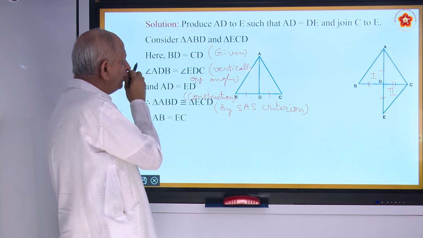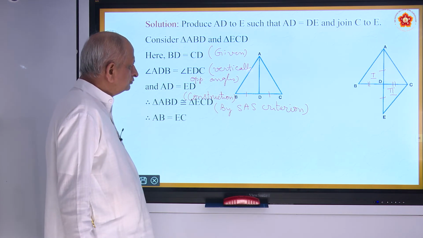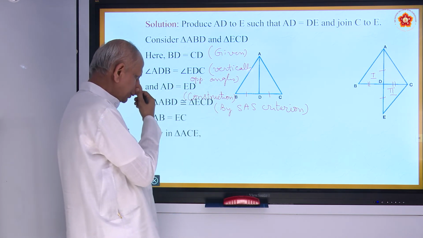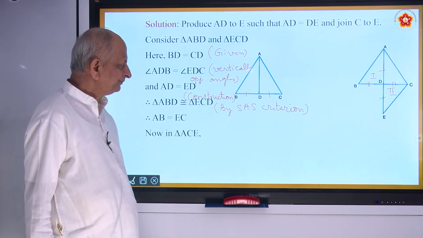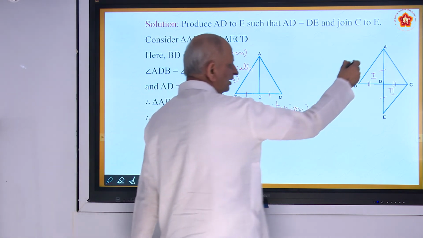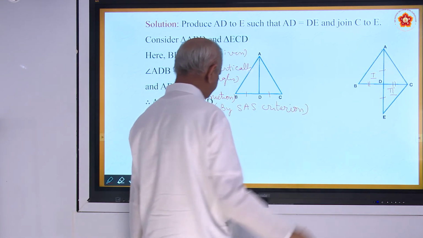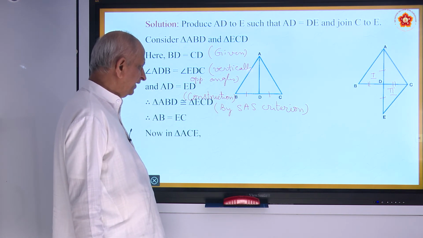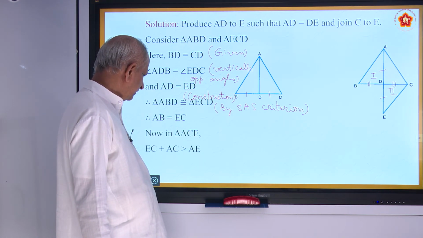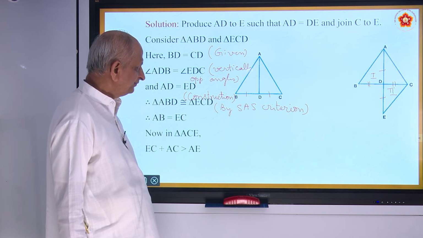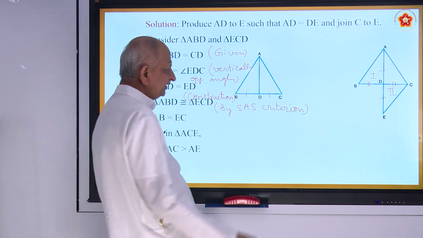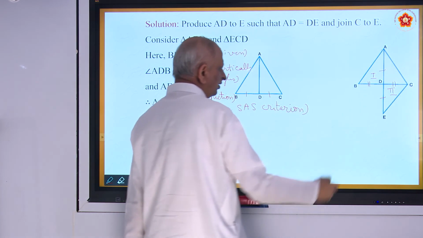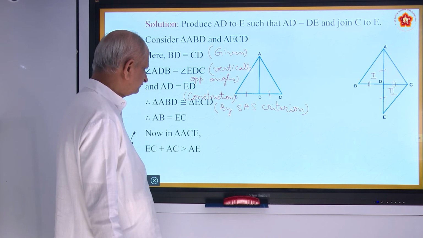But what you have to prove? You should connect it to the AD now. In triangle ACE, see in this triangle ACE, now you must connect it to the AD median. Okay, EC plus AC. EC is here plus AC is more than AE.